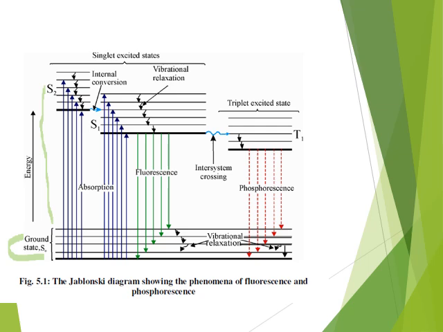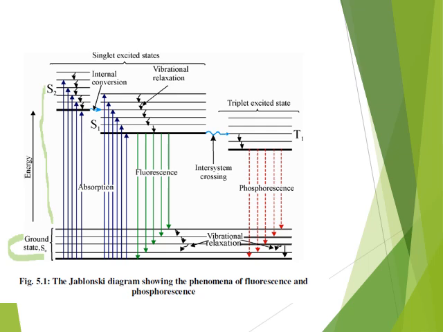There is also inter-system crossing, where from the S1 energy level it goes to the T1 energy level, the triplet excited state.